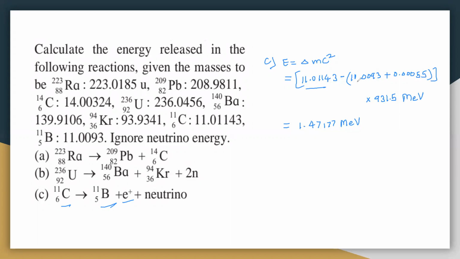Then we need to solve this bracket, addition and subtraction, which we'll have to do directly only. We cannot use log for it. Then we'll need to multiply it with 931.5, which we can do directly or by log. As it is big, many digits are there, so you can use log. And so the final answer will be 1.47177 in mega electron volt.